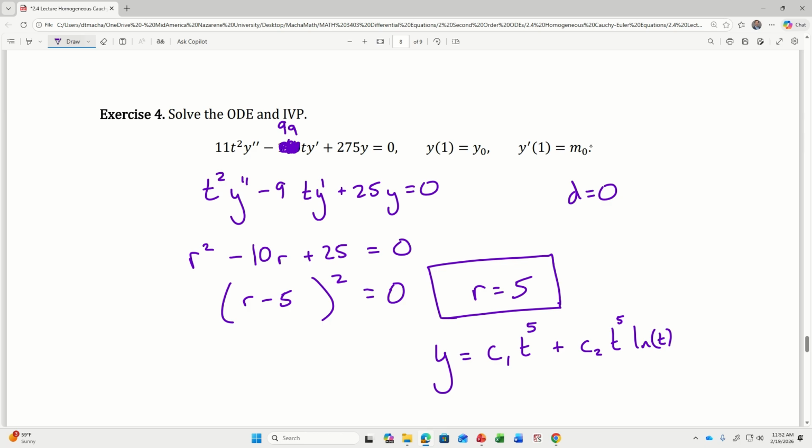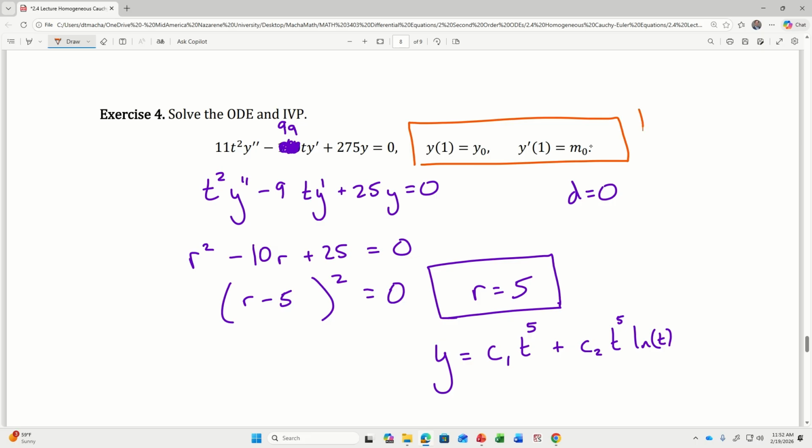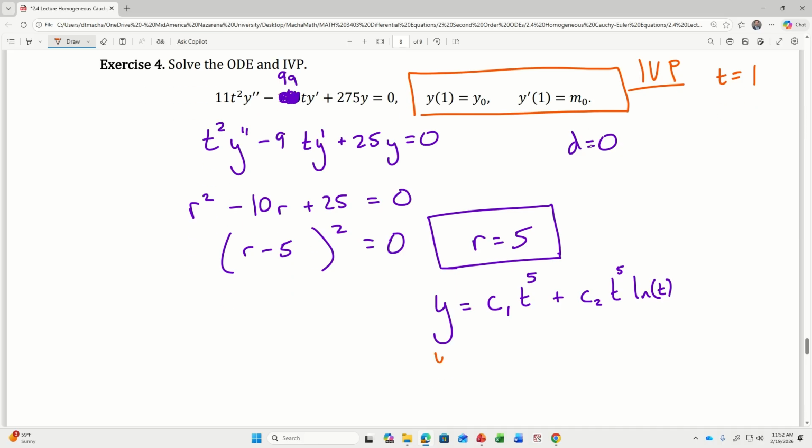So then let's rapid fire and get this IVP over with. In my IVP, t is equal to 1. And, oh, I also have to take a derivative of my solution. So y prime would be 5 c1 t to the fourth.